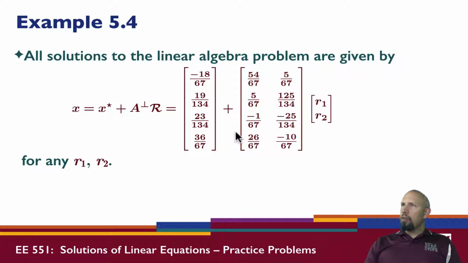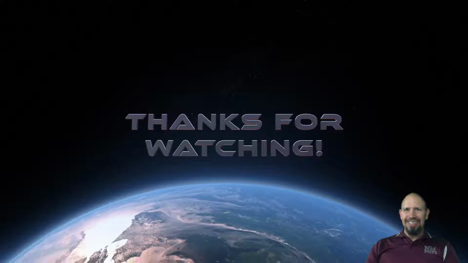The general solution, or all solutions to the linear algebra problem, are then given by this: X is equal to X star plus A perp times R, where R is this vector. So this is our solution for any R1 and R2. So I have an infinite number of solutions, and these are the solutions that I get. So these are some worked example problems. I hope they're helpful for you.